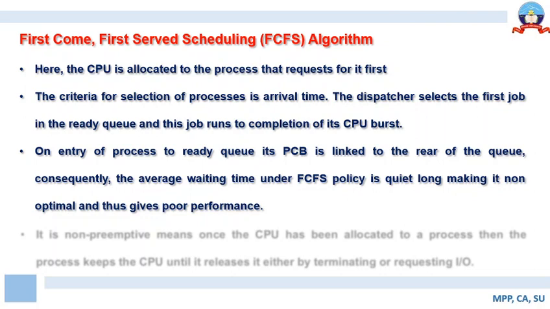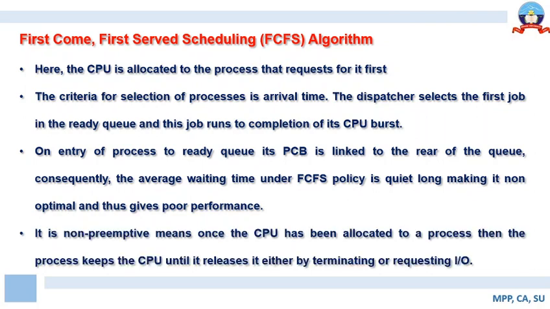So A, B will be executed, then only C, D and E will be executed. So C, D and E will have to wait for a longer period of time in spite of being high priority tasks. So the average waiting time will be very high in case of the first come first served scheduling algorithm. So this also leads to a very poor performance of the algorithm.